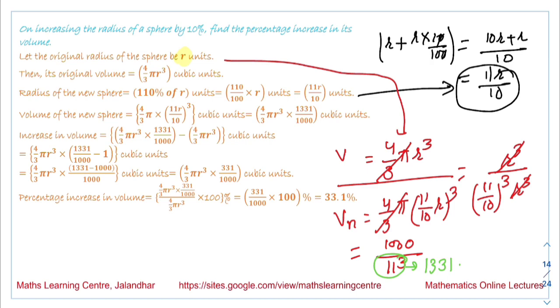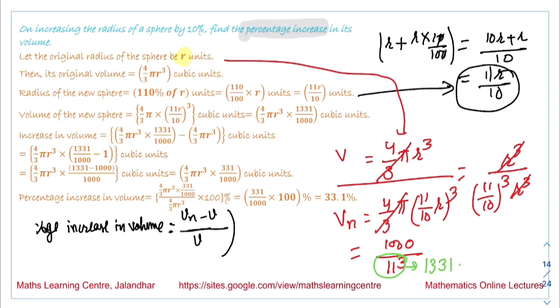Now we have to find the percentage increase in volume. The formula for percentage increase in volume is: in the denominator the original volume V, and in the numerator the new volume minus the original volume, and the whole is multiplied by 100.